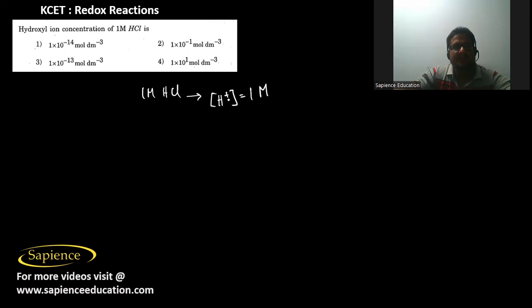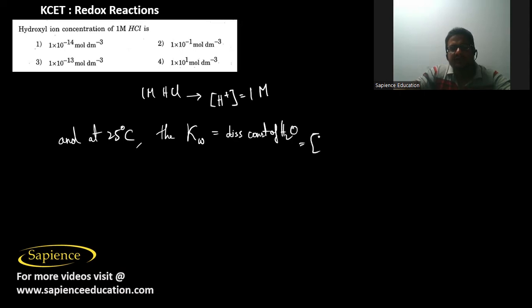And we know that at 25 degrees Celsius, the value of Kw, the equilibrium constant or dissociation constant of H2O, is given as concentration of H plus times concentration of hydroxyl ion, equal to 10 power minus 14.